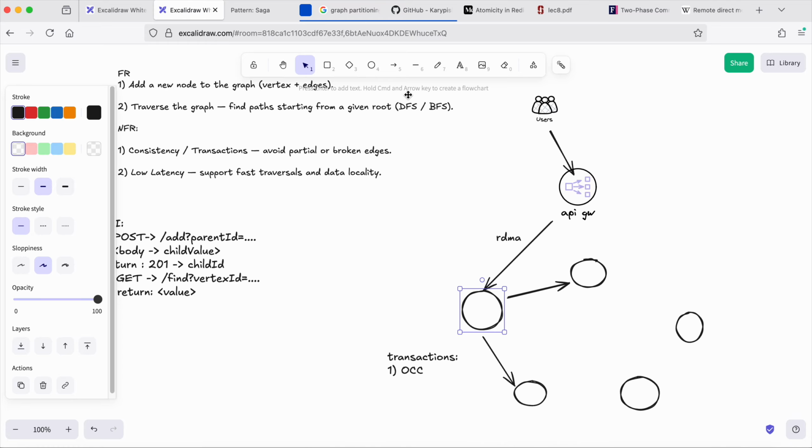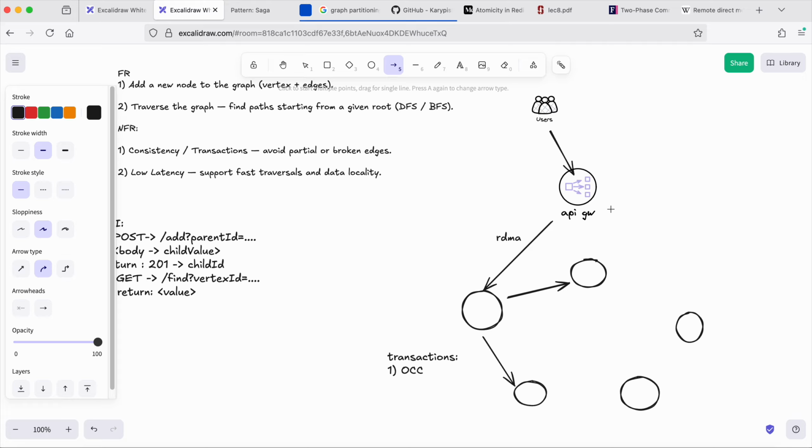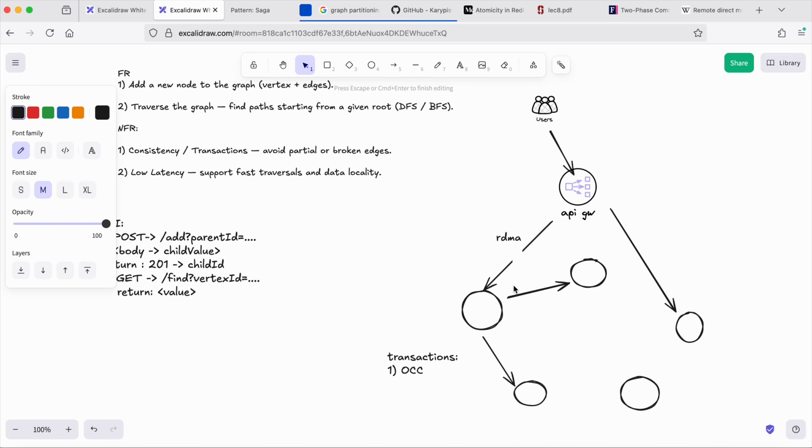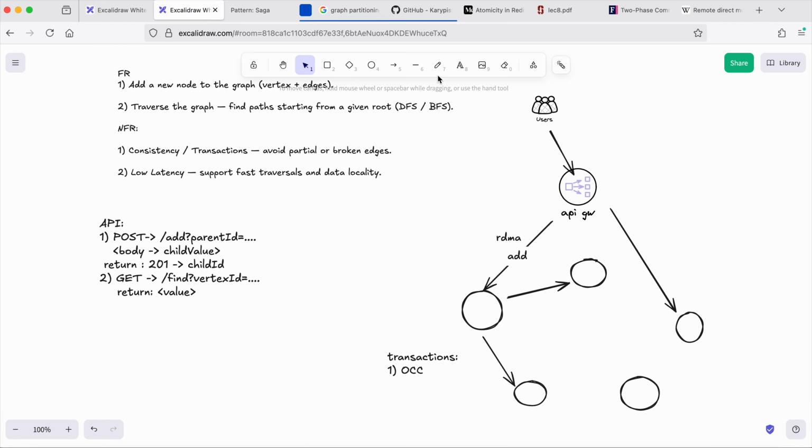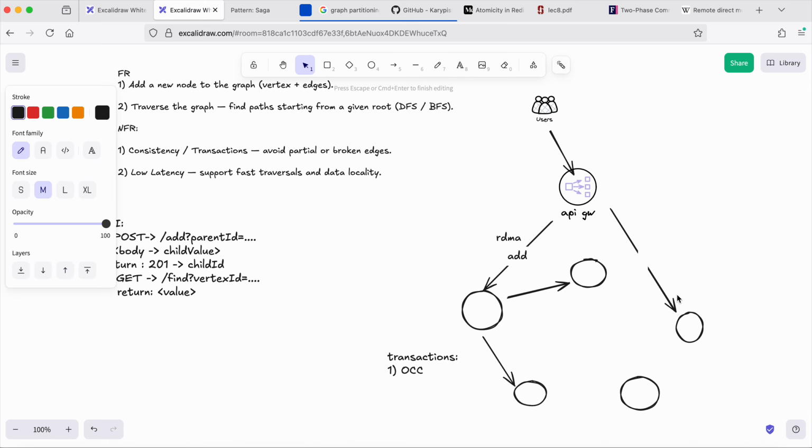About the reading flow, this is add, let me also mark it add, and this is read. For this read flow we are finding another coordinator. It's also acting as a part of this RDMA sync, so we also read the data through RDMA, and probably it could be great to add some global cache.